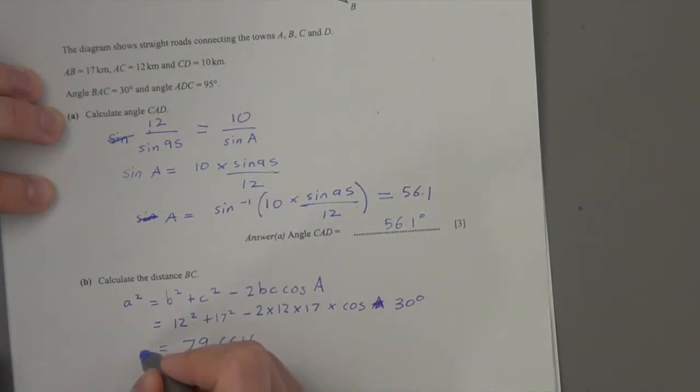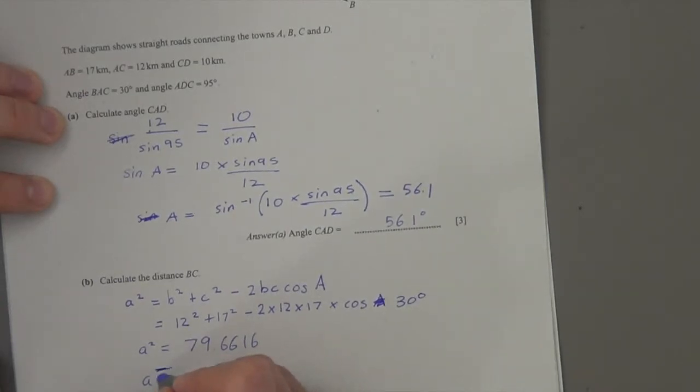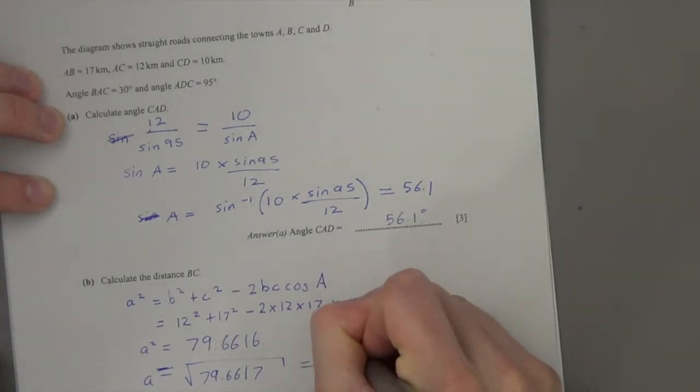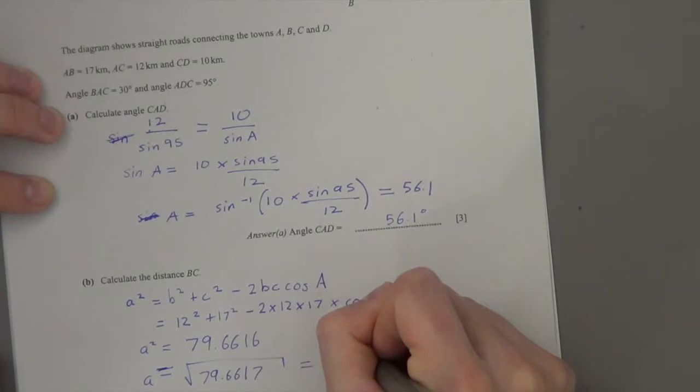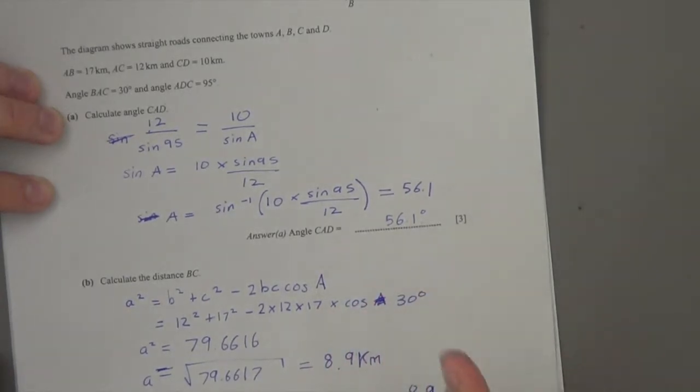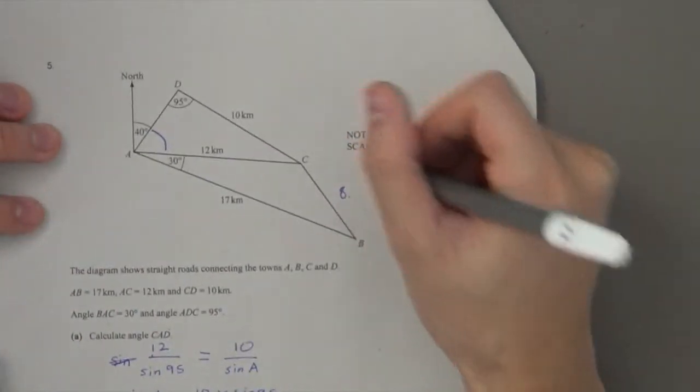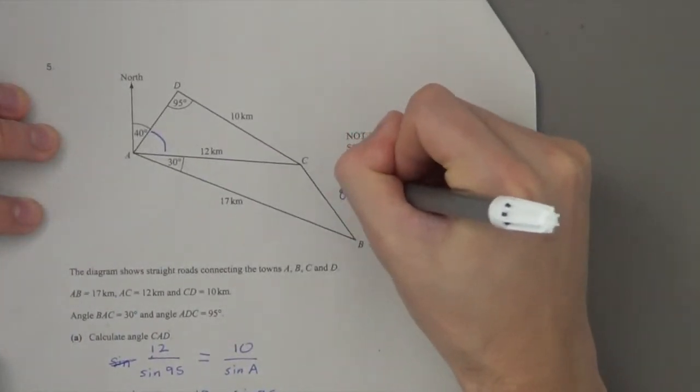That's A squared, but A is going to be the square root of that. So I get 8.9 kilometers.